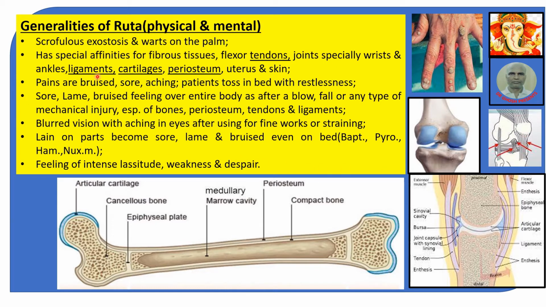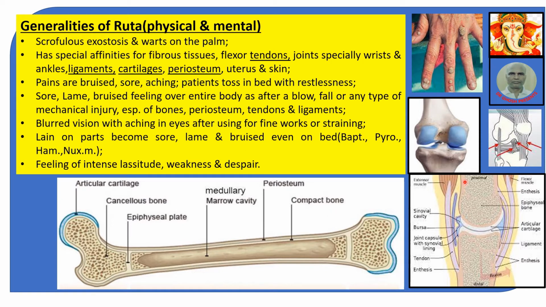So ligament, cartilage, tendon. Now periosteum. Periosteum means the covering of the bone. This is a long bone. This is the internal marrow of the bone. The topmost portion of the bone is called periosteum. So tendon, ligament, cartilage, periosteum.